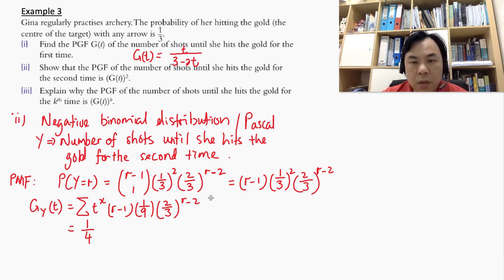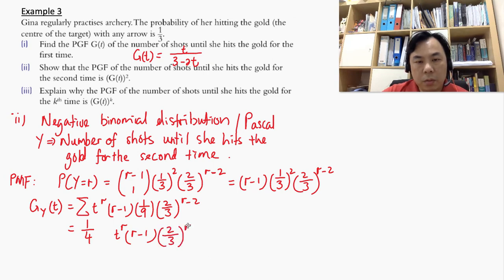Sorry, my bad. Because it's r, I should be using r here. You might want to get used to this notation. There should be an r, because r starts from 2, 3, and so on. Therefore, if I simplify this, I will get t^r times (r minus 1). The 1/9 is gone, so I will only have 2 to the power r here.